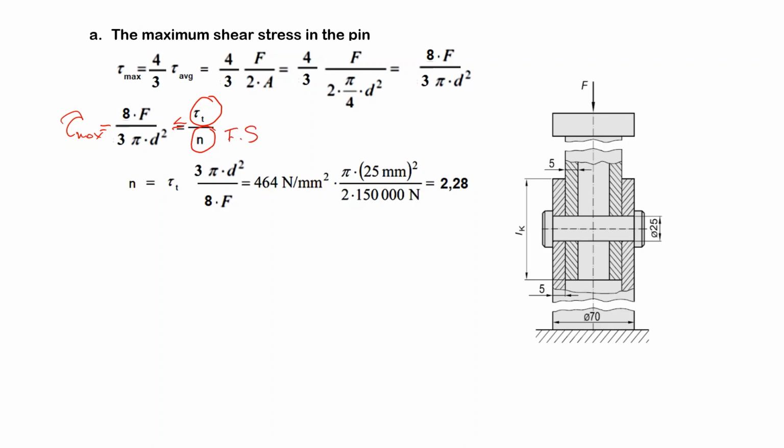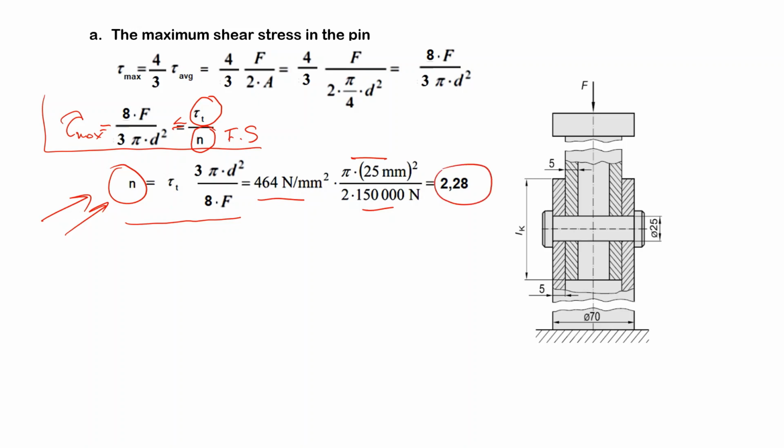Well, here the factor of safety is asked. So if you organize this relation according to factor of safety and put the numerical values, you will find that the factor of safety is 2.28.